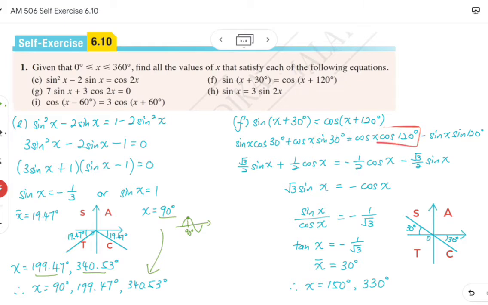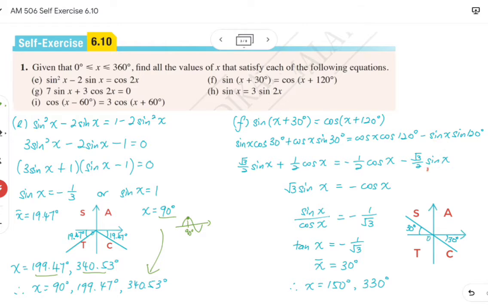Alright. So cosine 30 degrees will be root 3 over 2 times sine x. Sine 30 degrees will be 1 over 2 times cosine x. Then cosine of 120 degrees is negative 1 over 2 times cosine x, minus sine 120 degrees, which is root 3 over 2, so root 3 over 2 times sine x.